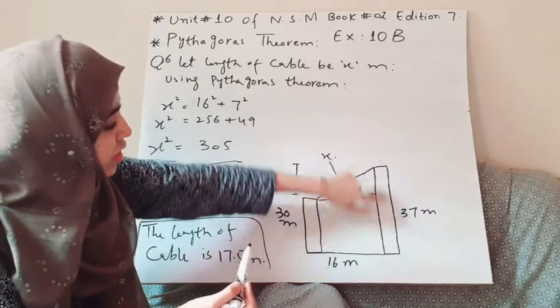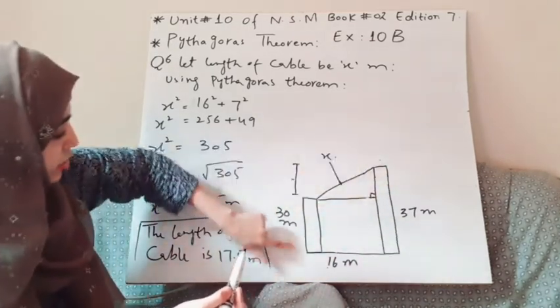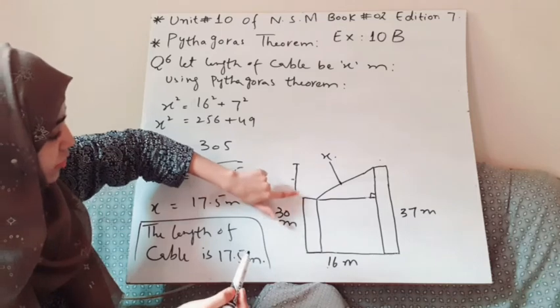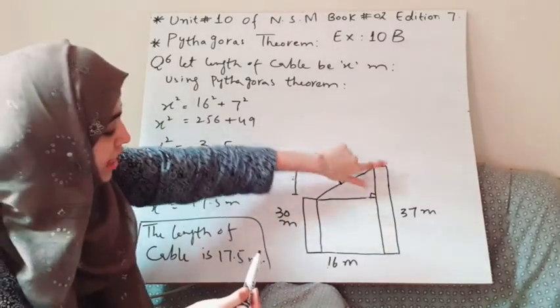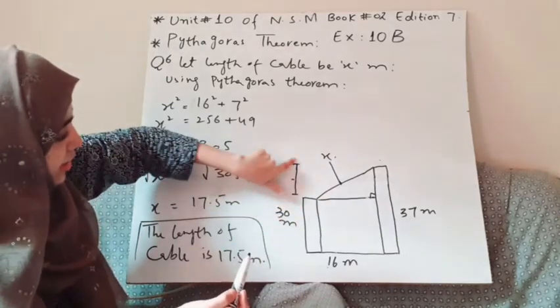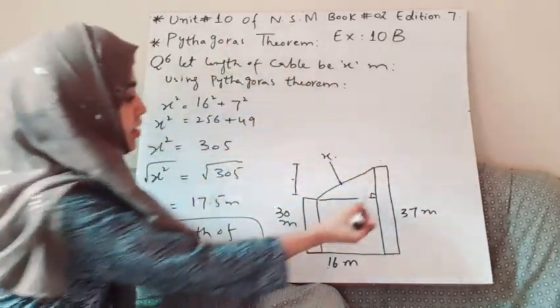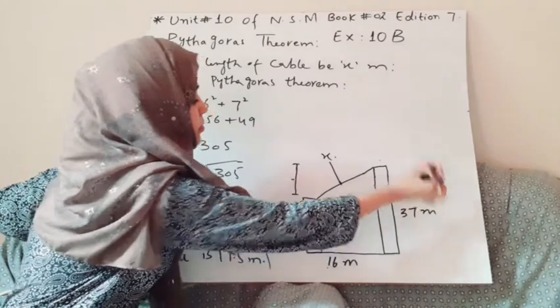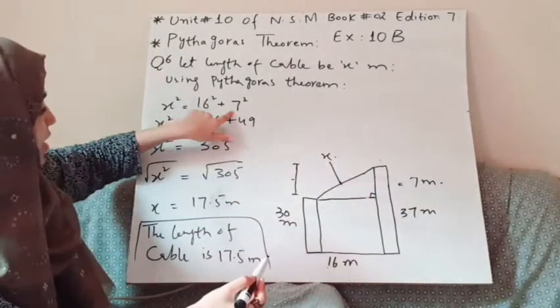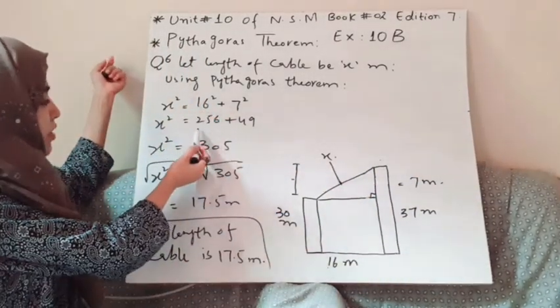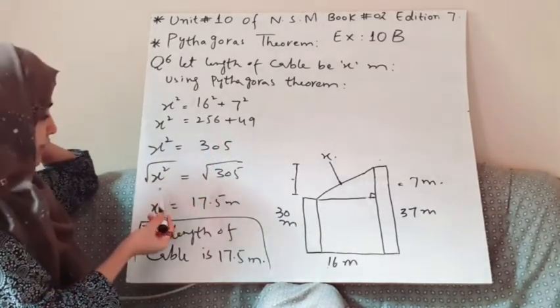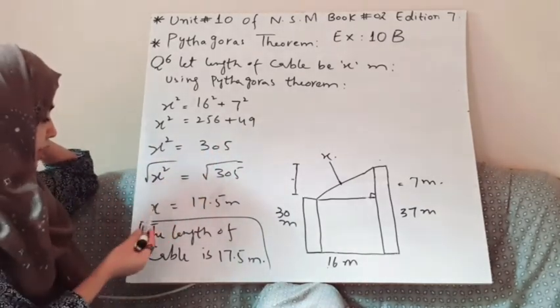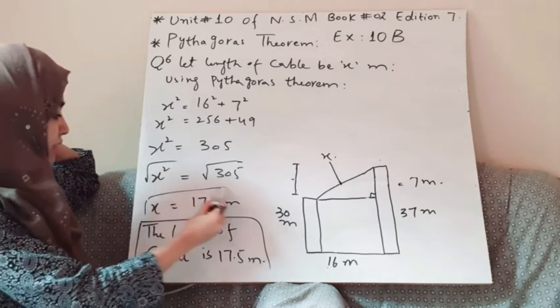We know the total is 37 meter and here we know 30 meter, so we have to find the remaining distance. 37 minus 30 gives the remaining distance, which is 7 meter. Then after putting in the values, it will be 256 plus 49, the square of 7, so x square equals 305, and after taking the positive square root it will be about 17.5 meter.